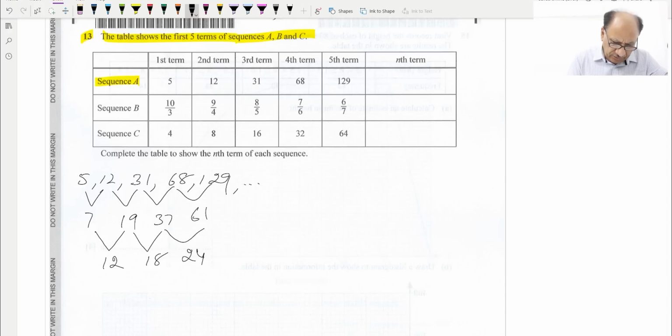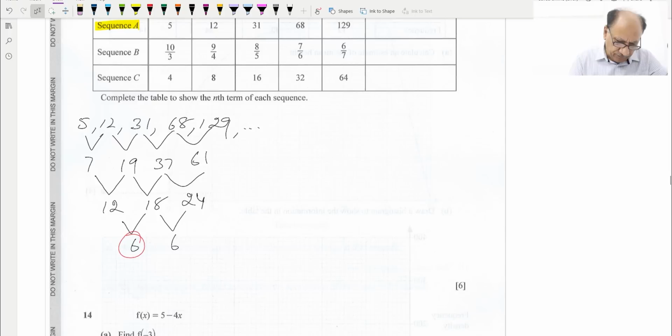If we check next, this one is 6 and this one also 6. So the third difference is the same, so we can figure out that this is a cubic sequence. So we will write this in cubic sequences.